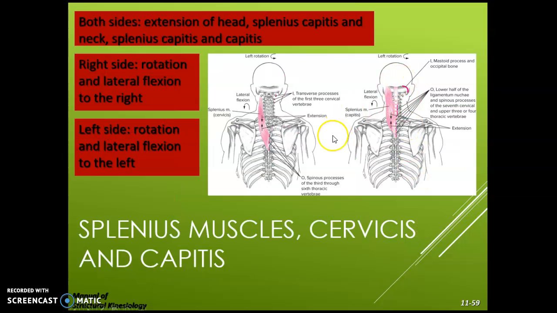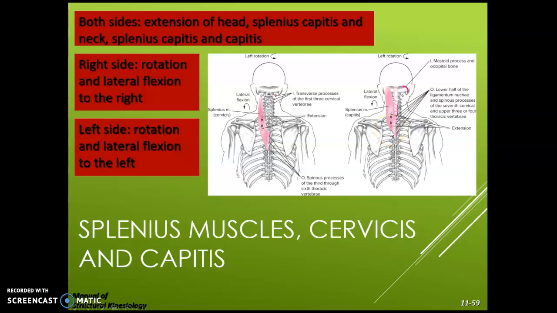Further, you look at splenius capitis and cervicis on the backside of the head and the backside of the body, excuse me, and where that originates and attaches, right? It's used in extension and lateral flexion. But you look at these two, and you can differentiate.